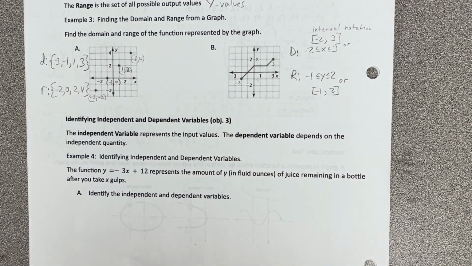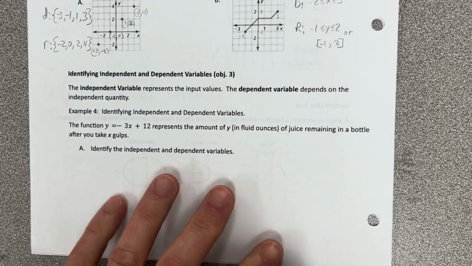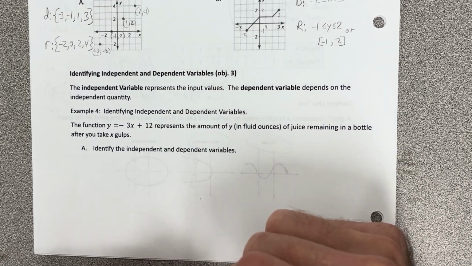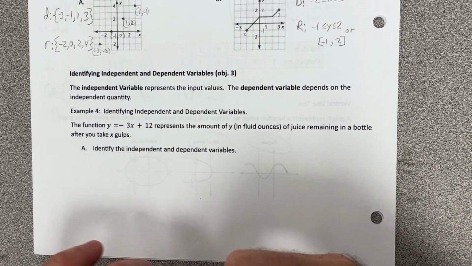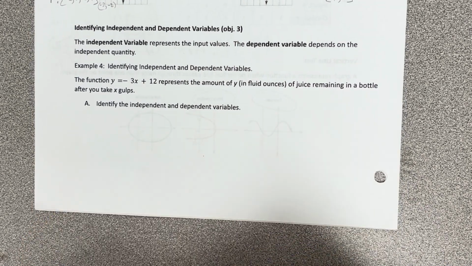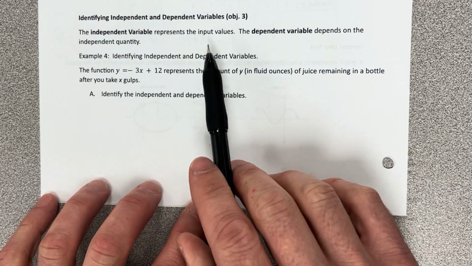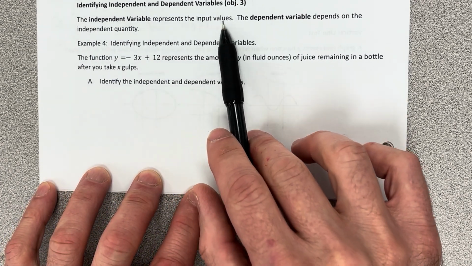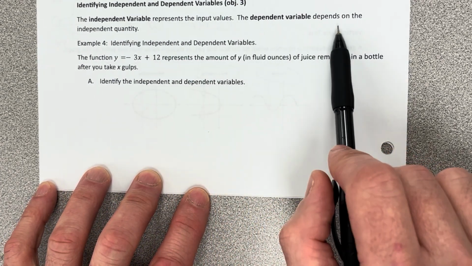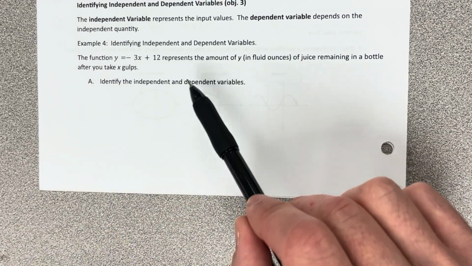It doesn't matter which. Now we'll move on to identifying independent and dependent variables. Sometimes it's tricky to figure out which one's independent, which one's dependent. Notice it says that the independent variable represents the input values. The dependent variable depends on those input values.